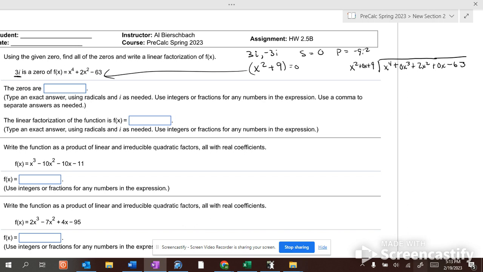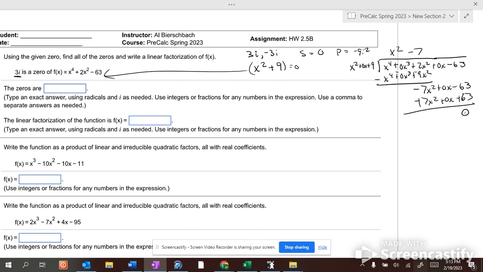So what times x squared is x to the fourth? Well, it's x squared. If we distribute, we get x to the fourth plus 0x to the third plus 9x squared. At this point, we change the signs to the bottom row and then add, and get negative 7x squared plus 0x minus 63. What times x squared is negative 7x squared? Well, negative 7 is. So you get negative 7x squared plus 0x minus 63.